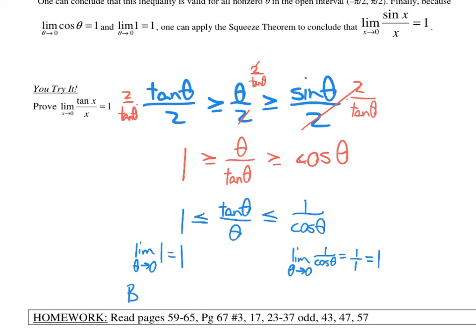Therefore, by the squeeze theorem, since tangent theta over theta is always between those two, then the limit has to be equal if those are equal. So that's the limit as theta approaches 0 of tangent theta over theta equals 1.